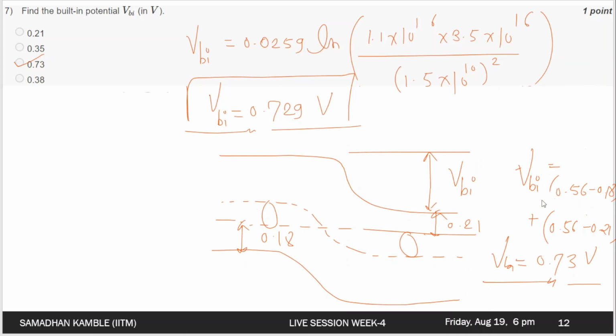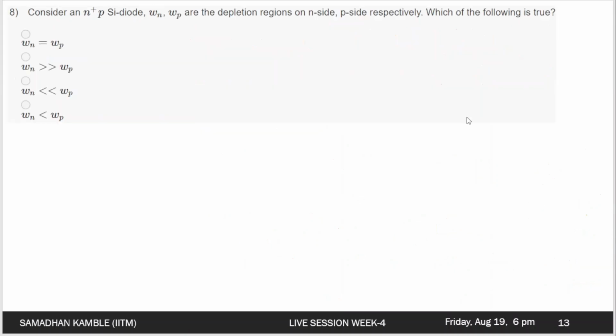Okay, so let us go to the next question, question number 8. This question is similar to question number 2, in which we determined the depletion width and in which region the space charge region will be more extended.